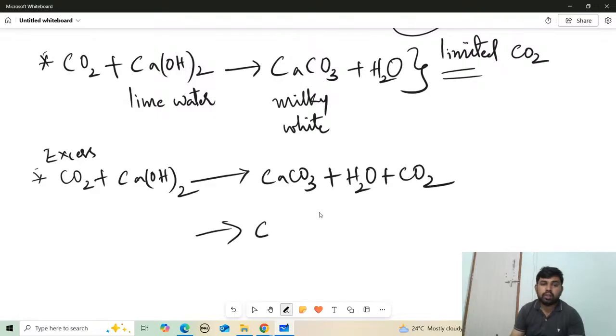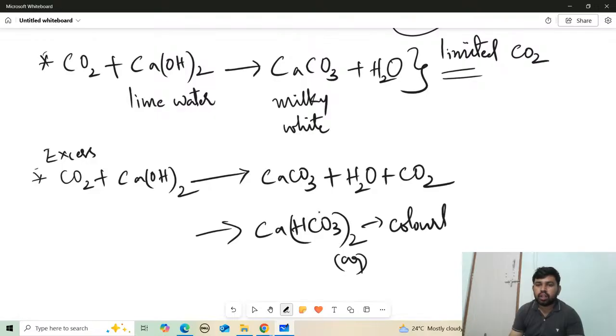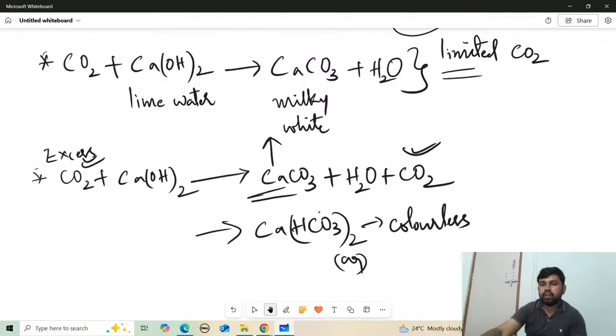This gives rise to Ca(HCO3)2, calcium hydrogen carbonate, which is colorless. Remember, this is colorless, while that was milky white. This we discussed, the confirmation test for carbon dioxide.